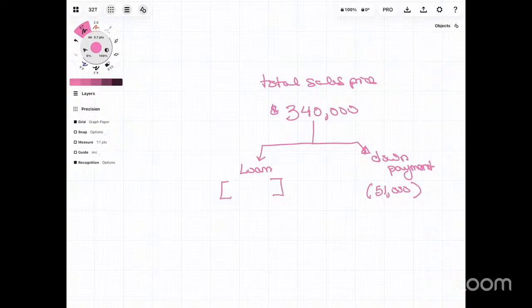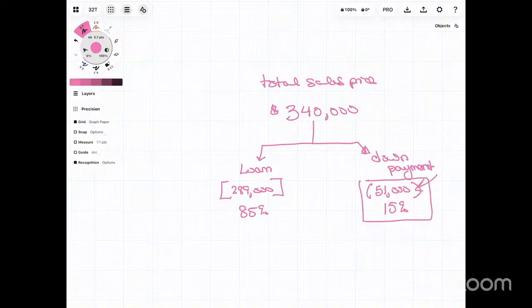Our loan amount ended up being for $289,000. And we know that if this is 85%, right? We did the math. This would be the 15%. So if you manipulated directly the 51,000, you have to take the next step.